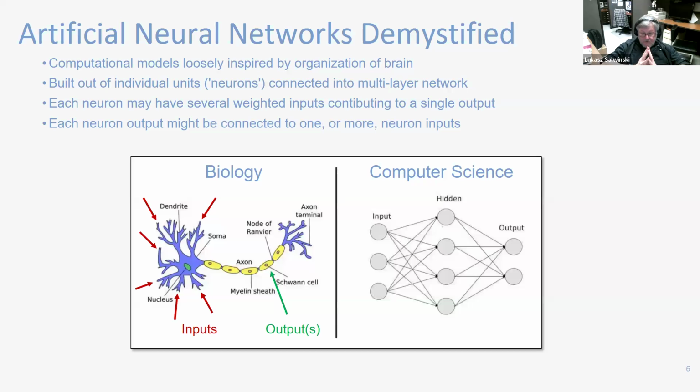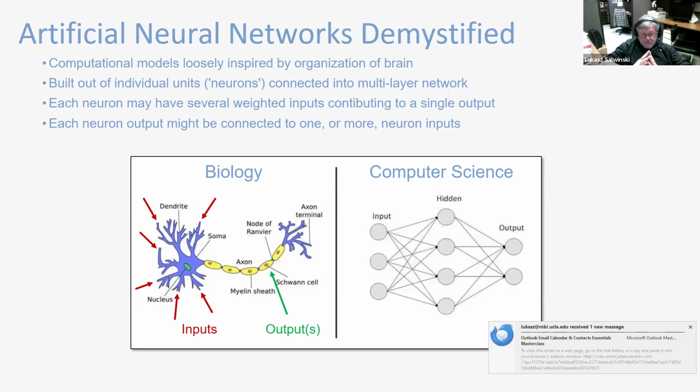Now, AlphaFold is a pretty advanced application of a general methodology that goes under the headline of artificial neural networks. This is a very generic framework that's used to predict very diverse things.